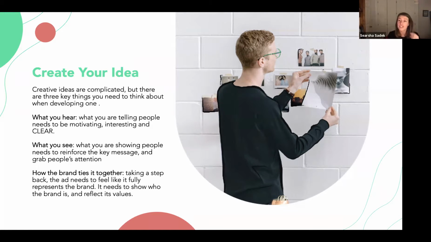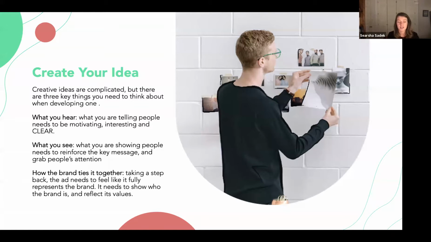So you need to think about what will truly represent who your brand is, what kind of visual will reinforce your key message, and what will actually get people's attention. Look for visuals which are very impactful, whether that's through the design or whether the video or picture is really unusual. Even starting the video upside down would get people's attention. Even a small trick like that, do something a bit weird.